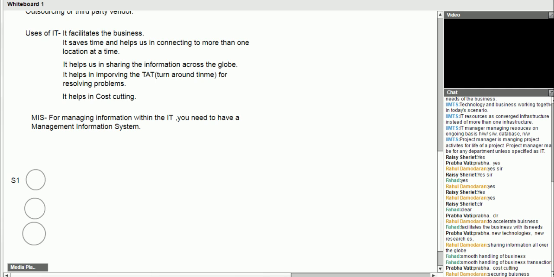Say S2. S2 is another system. Say S3. S3 is another system. Now you are working on these systems, and all these three systems are related to a certain database.